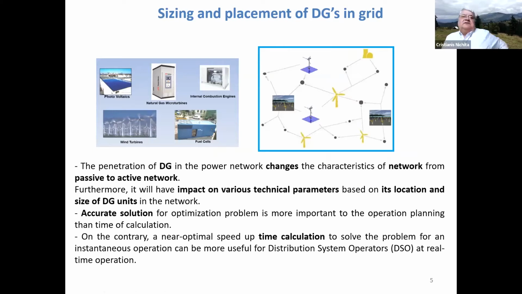Finding the optimal size and location corresponds to optimizing the operation and planning of the electrical distribution network, taking into account the capacity of distributed generator units as a constraint.